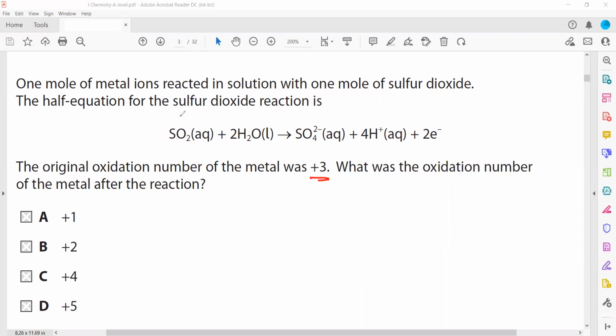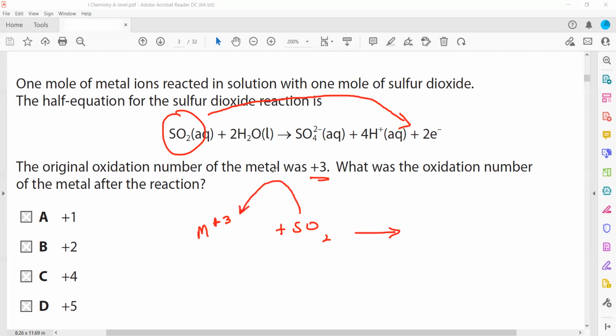So look, this is the equation for sulfur dioxide, and it is losing 2 electrons. So if there is a metal ion with a charge of +3 reacting with sulfur dioxide, SO2, not SO4, and as I mentioned in the beginning, 1 mole of sulfur dioxide reacted with 1 mole of metal ion, so the ratio between them is 1 to 1.